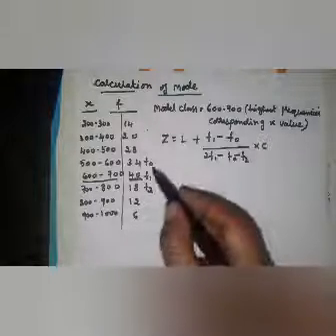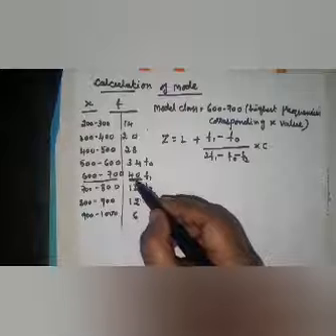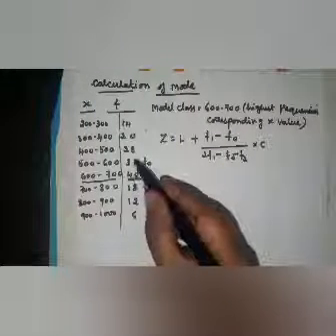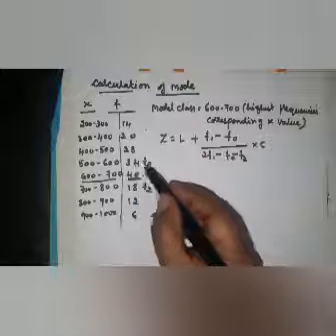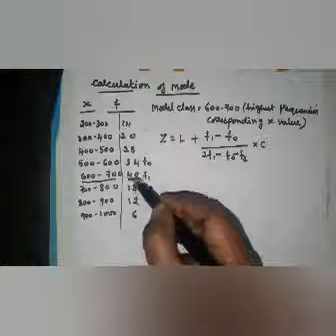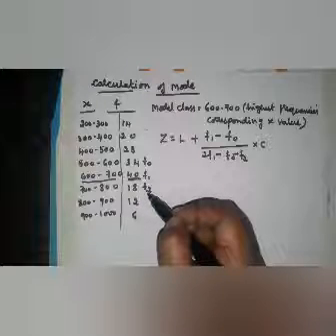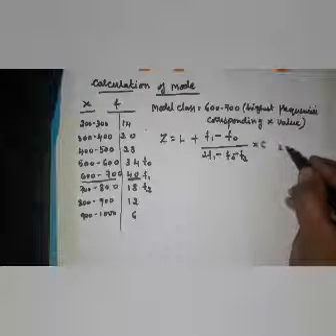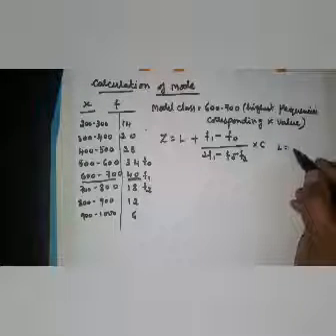I will repeat that once again. The highest frequency is denoted as F1, the preceding frequency is F0 and the succeeding frequency is F2.